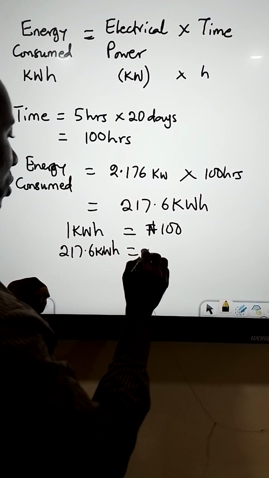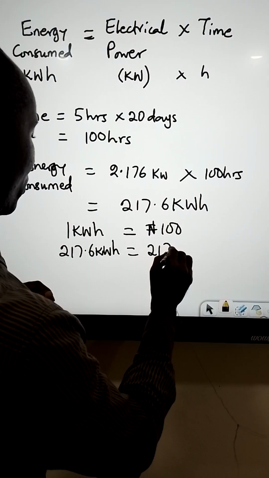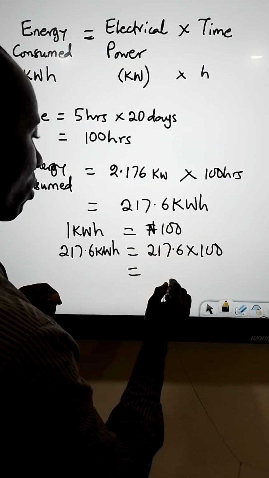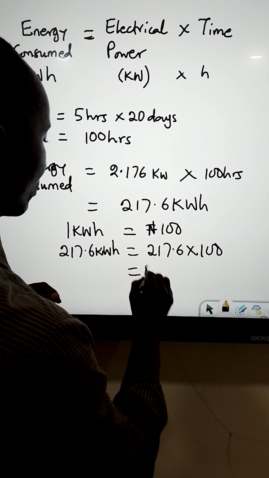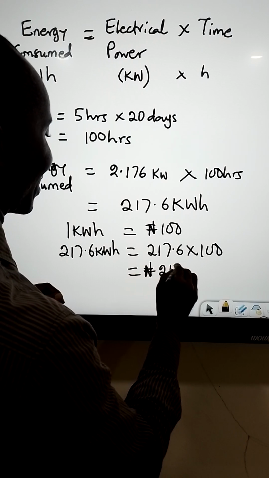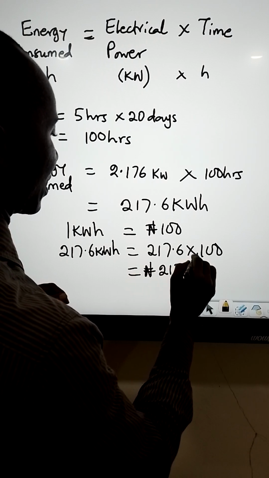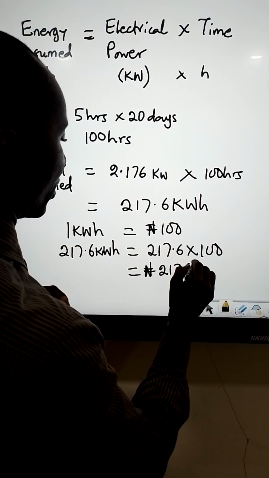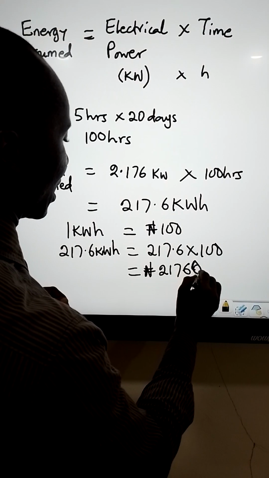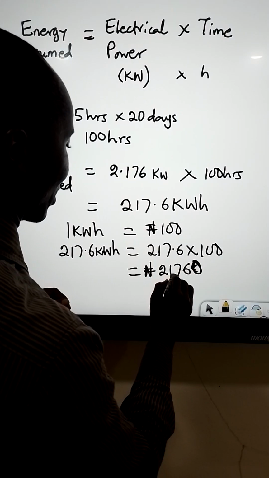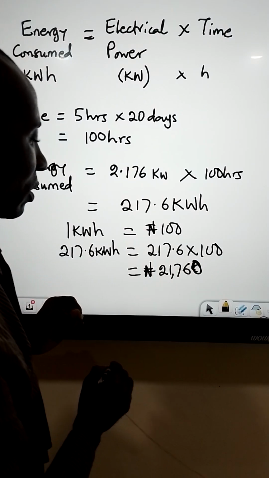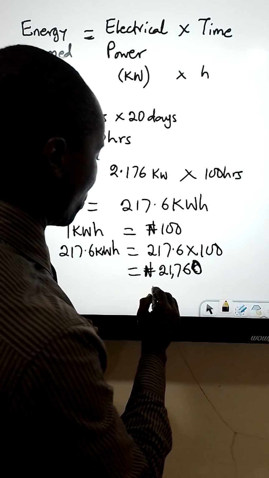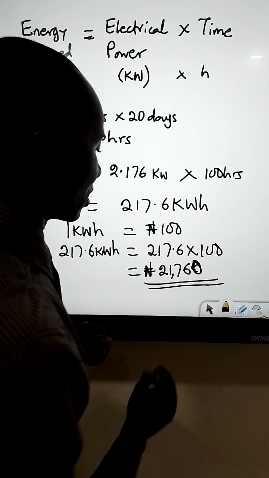It simply costs us 217.6 times 100. So at the end of the day, what will it be? You should be having 21,760. So at the end of these 20 days, this landlord will be expected to pay 21,760 naira.